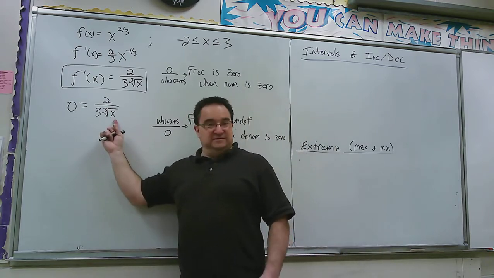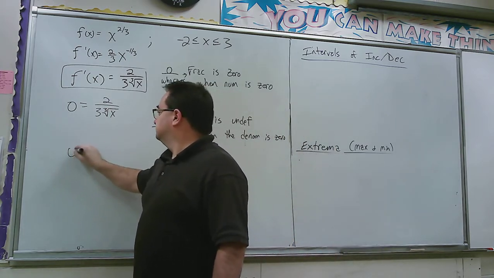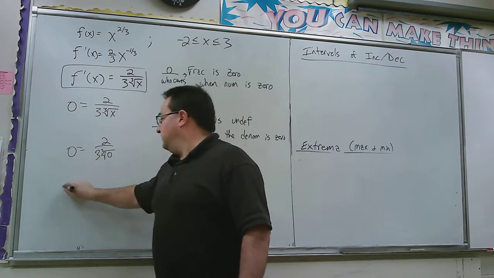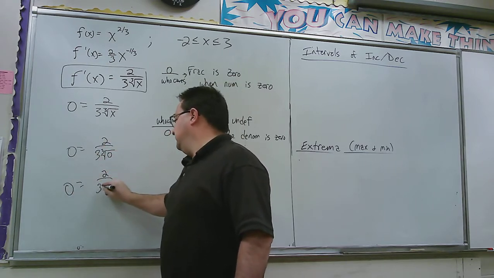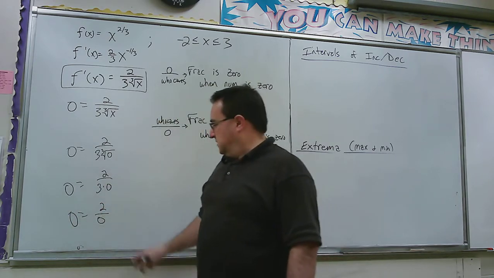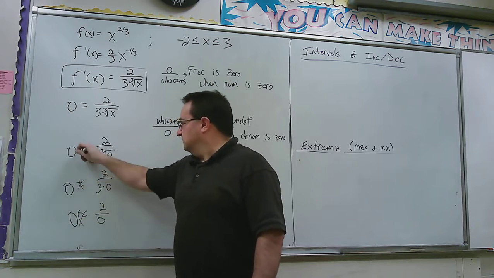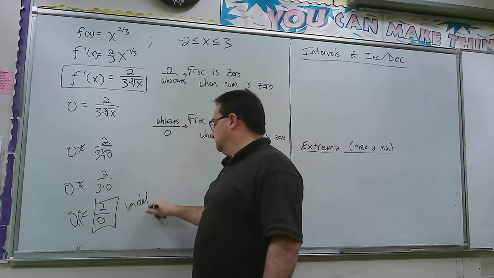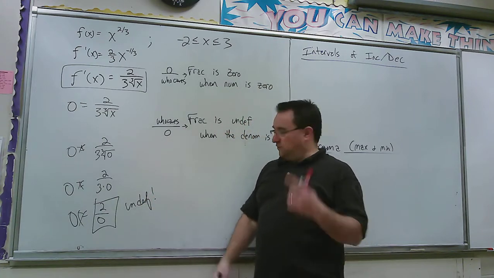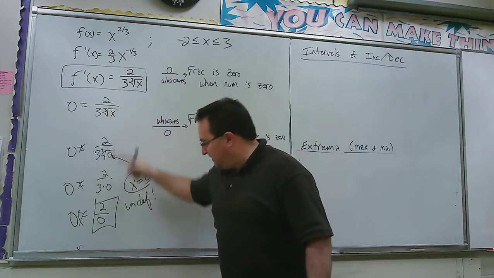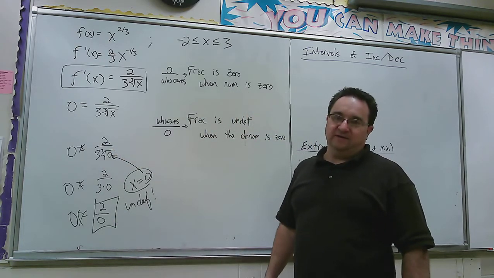However, if I plug 0 in for x, that would be 2 over 3 times 0, which would be 2 over 0. So that doesn't equal 0, but it is undefined. So when I plugged x equals 0 in, it made the fraction undefined.